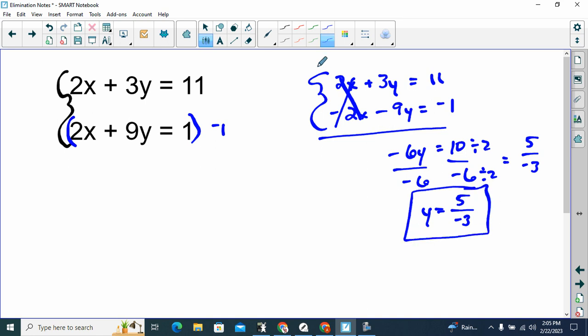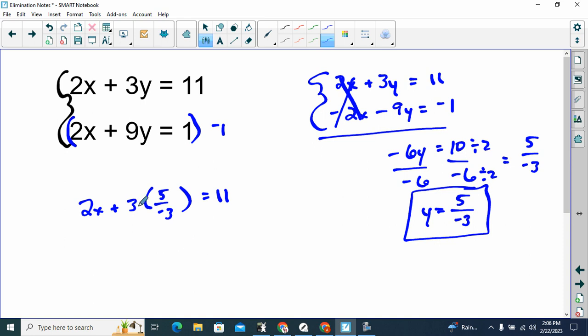Just like example 1, we need to go back to the original problem and plug that in for any of our y's. So I'm going to use the top equation. It says 2x plus 3y equals 11. But instead of y, it is equal to 5 divided by negative 3.